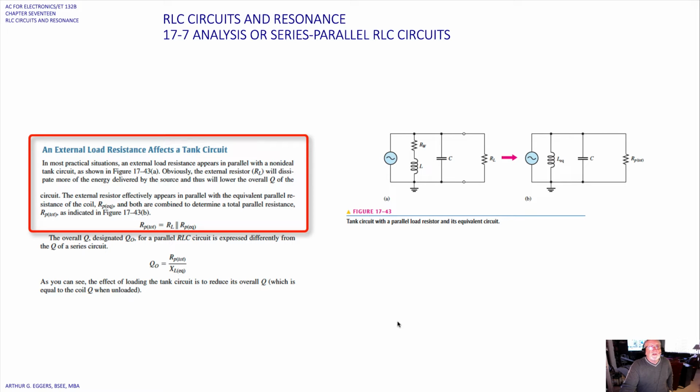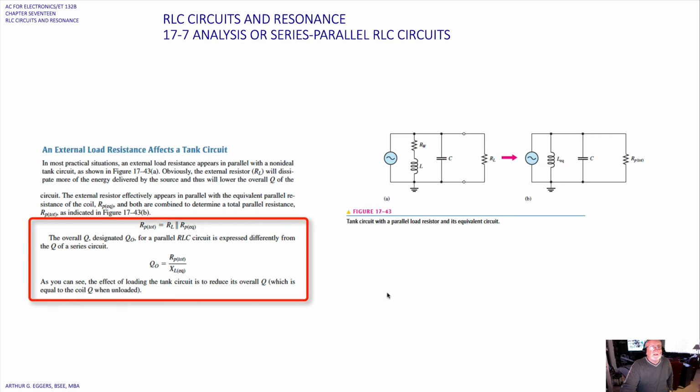The external resistor effectively appears in parallel with the equivalent parallel resistance of the coil, R parallel equivalent, and both are combined to determine a total parallel resistance. So we have our depiction here that says the parallel total is equal to RL in parallel with the equivalent resistance, and those two little bars tell us that.